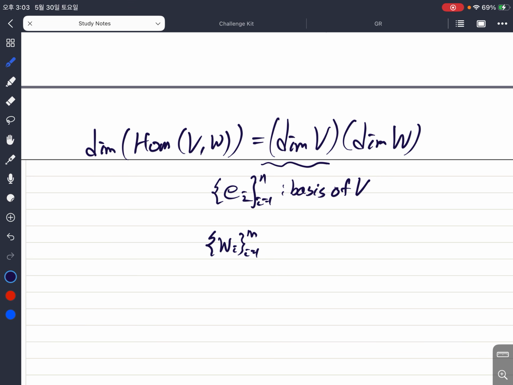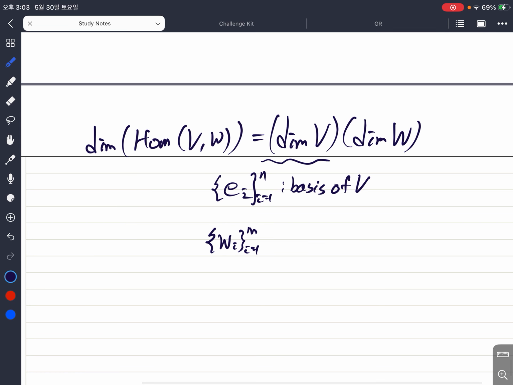Let us say dim W is m. Not to introduce more letters, we might write it this way.